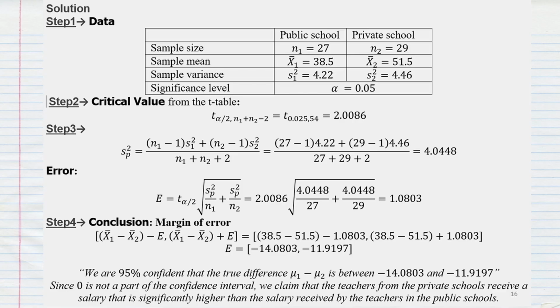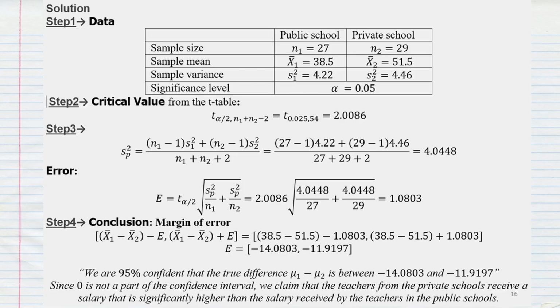Step 1. Get the data from the problem statement and put them in a table like shown to use them in the next steps. Step 2. Get the critical value from the t-table or from Microsoft's Excel. Step 3. Calculate the error by using the given formula. And step 4, calculate the margin of error and make a concluding statement, like, we are 95% confident that the true difference, mu1 minus mu2, is between negative 14.0803 and negative 11.9197.